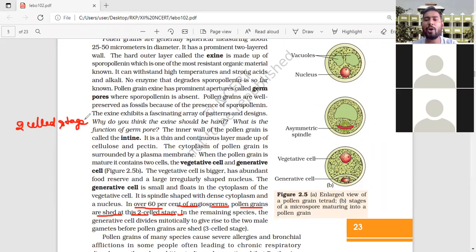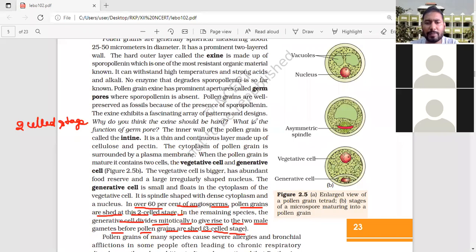Shed means shed from the flower. In the remaining species, the generative cell divides mitotically to give rise to two male gametes before pollen grains are shed. That is the three-celled stage.